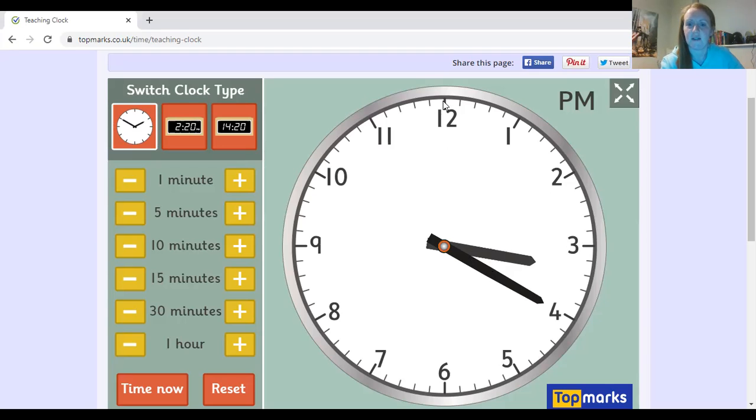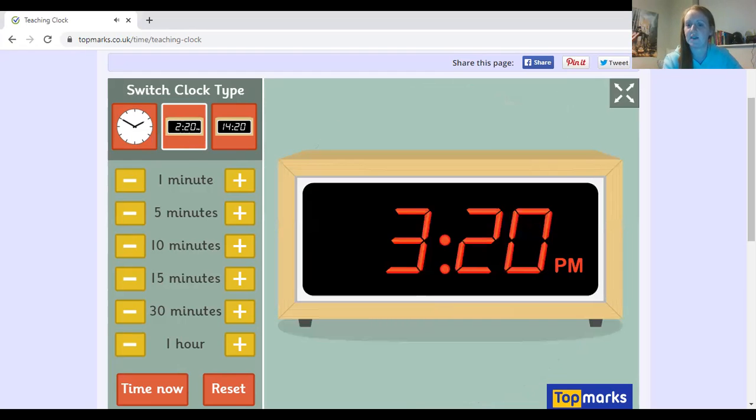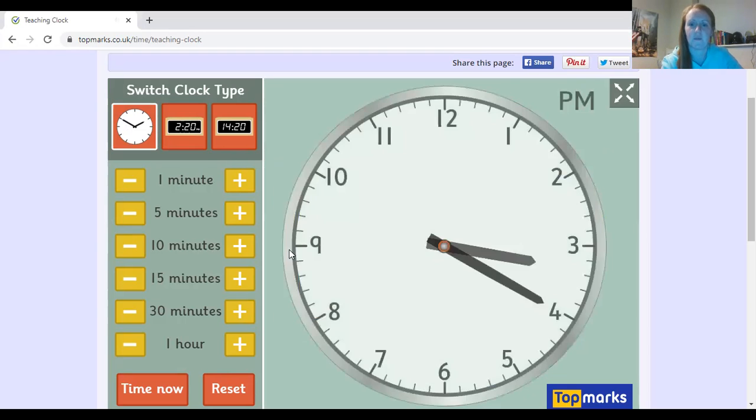And then the minute hand, 5, 10, 15, 20, making it 20 past 3. If I was going to write that on a digital clock, I would write it like this. The hour goes first, 3 dot dot 20, which is what I was trying to tell you in the last video.